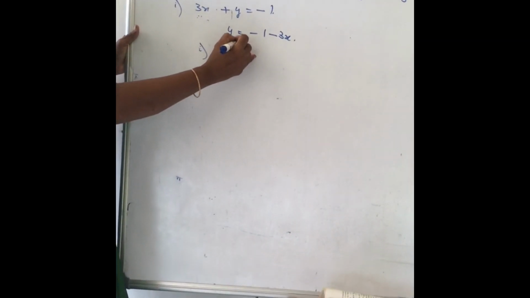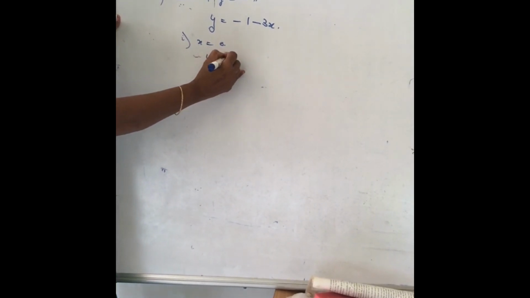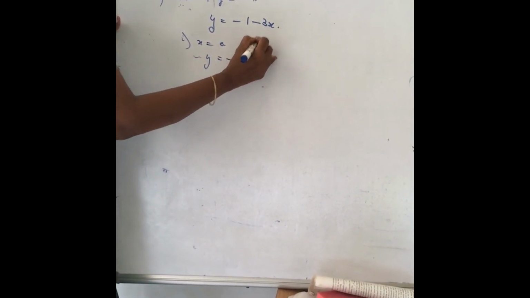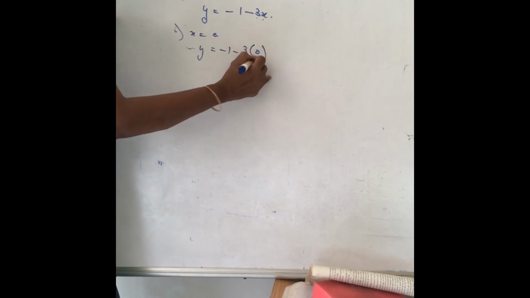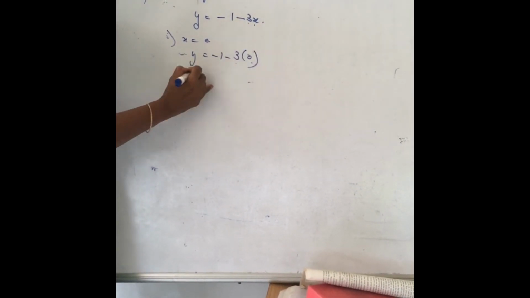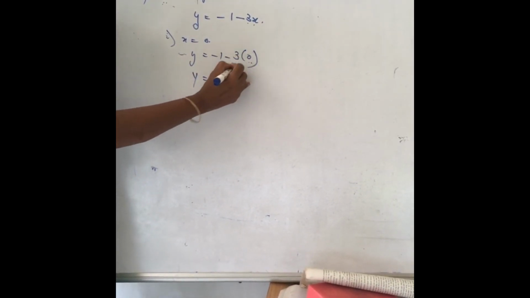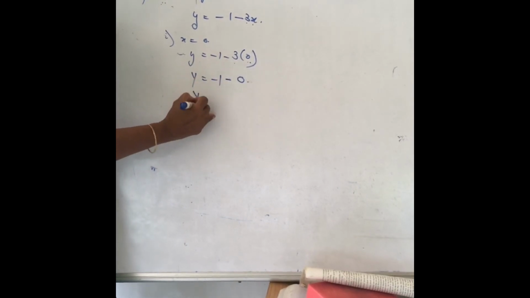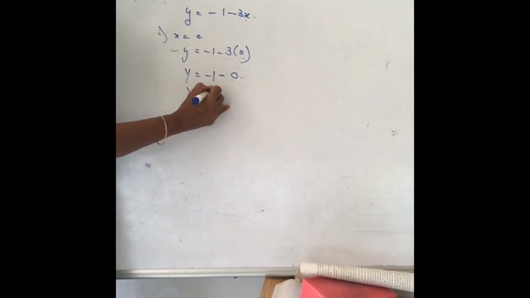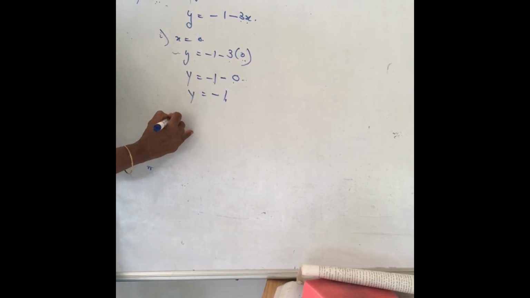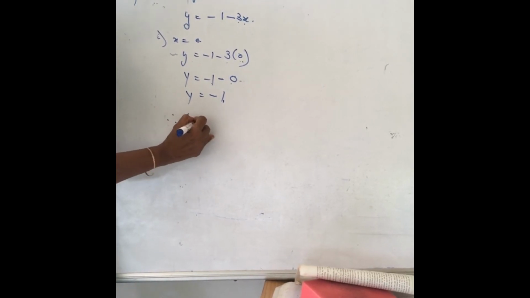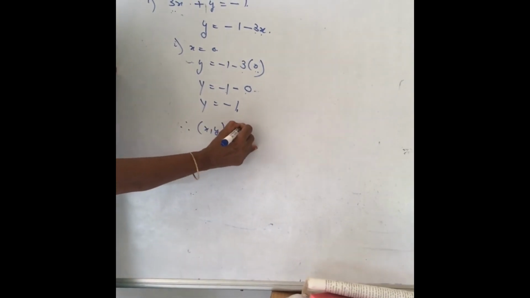If x is equal to 0, y is equal to minus 3x means what, children? 3 into 0. 3 into 0 is what? 0. Minus 0 minus 1 is minus 1. Therefore, the first solution x comma y is equal to 0 comma minus 1.